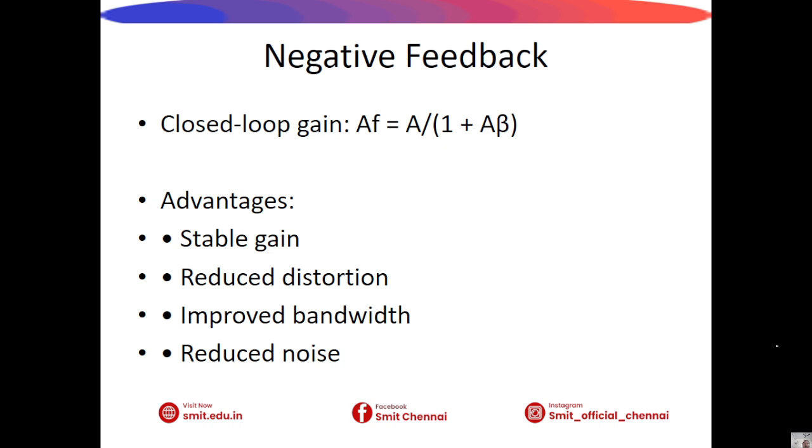Although feedback reduces the overall gain, it offers several advantages. These include stable gain, reduced distortion, increased bandwidth, and lower noise. This trade-off makes negative feedback extremely useful in practical amplifier circuits.